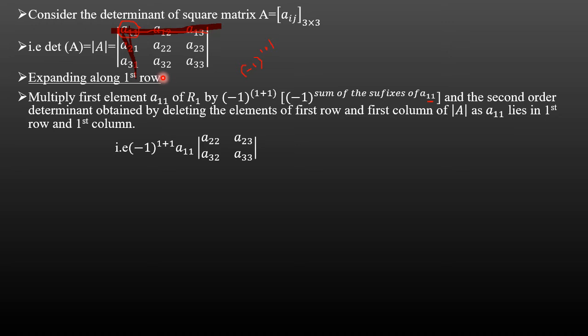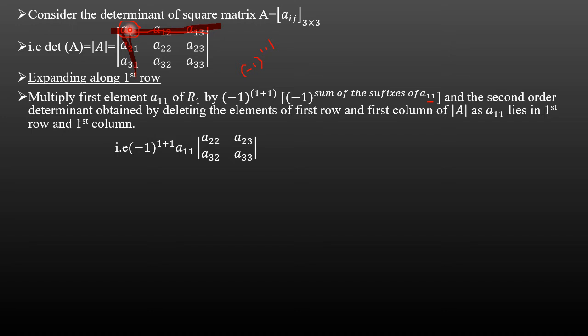So first, you multiply a11 by (-1) raised to 1 plus 1 and the determinant found by eliminating the first row and the first column. Why are we eliminating the first row and first column? Because a11 lies in the first row and first column. So this is the first step.